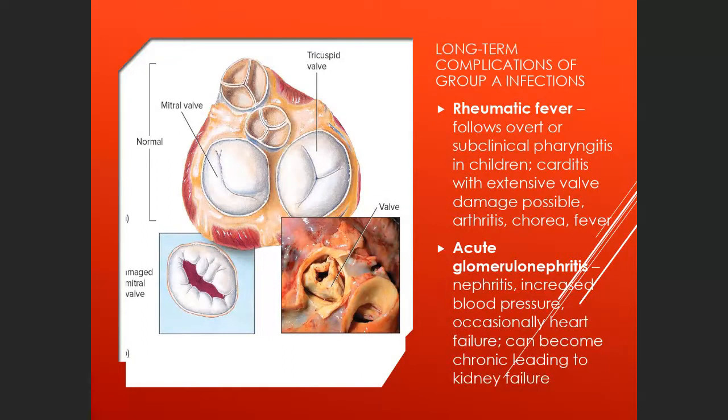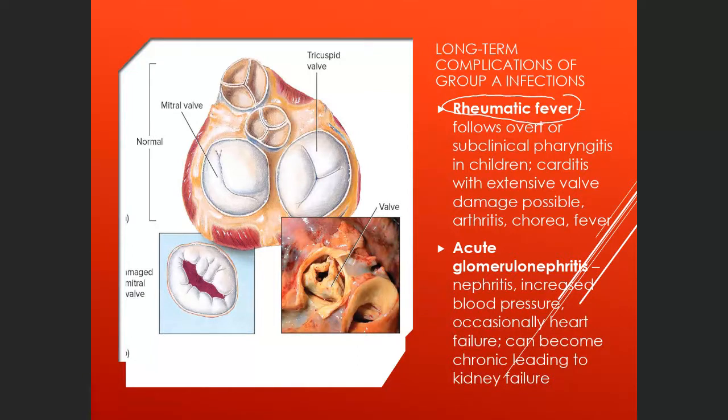Now the long-term complications. It can cause rheumatic fever, usually following subclinical pharyngitis, and acute glomerulonephritis.